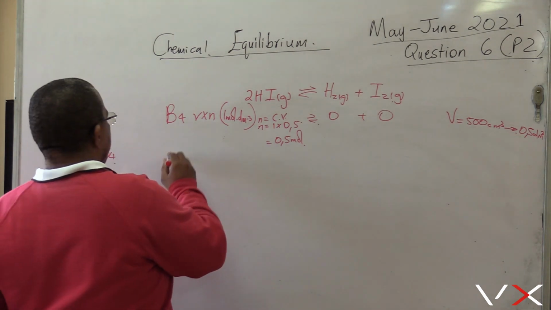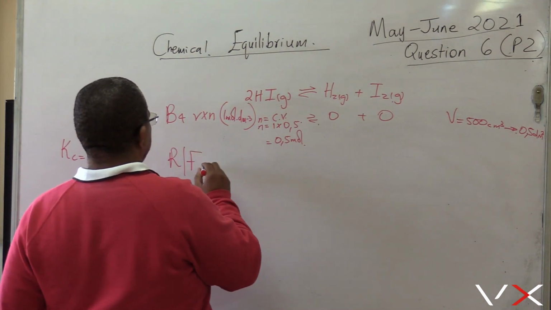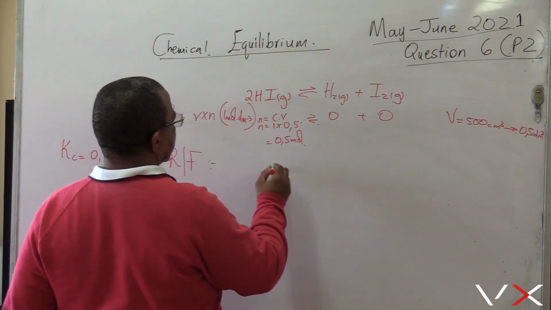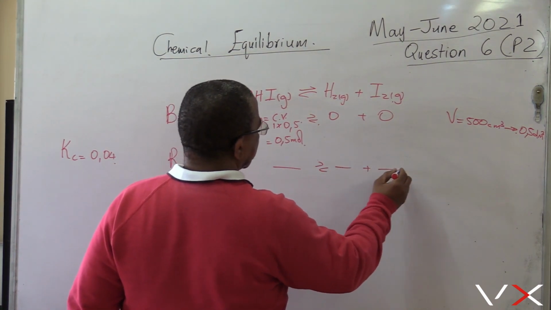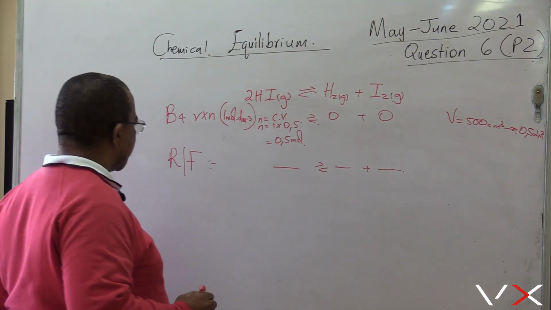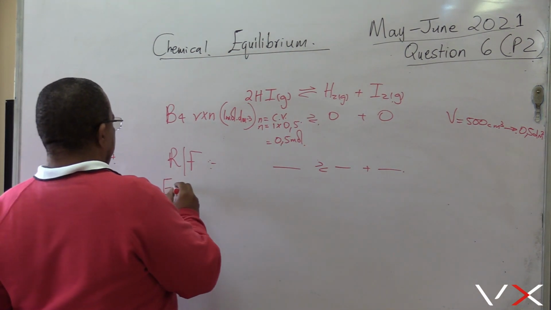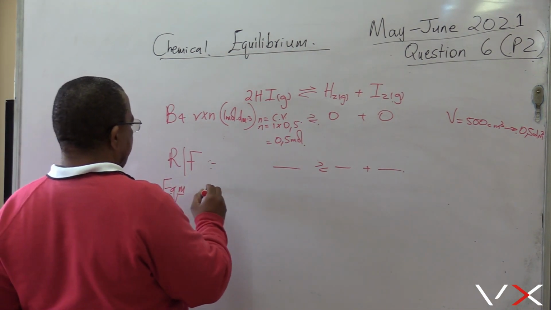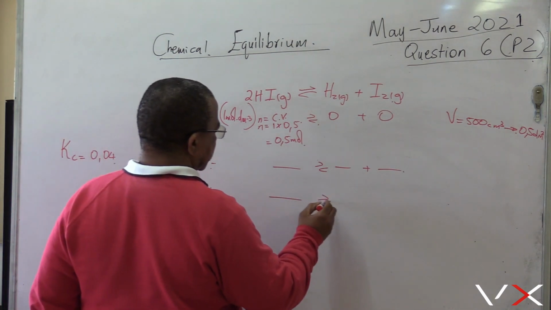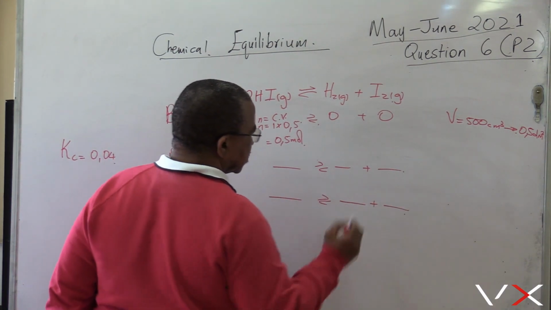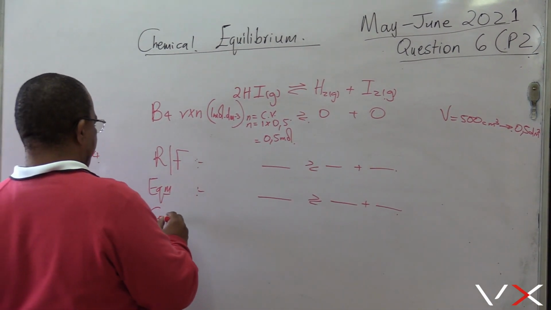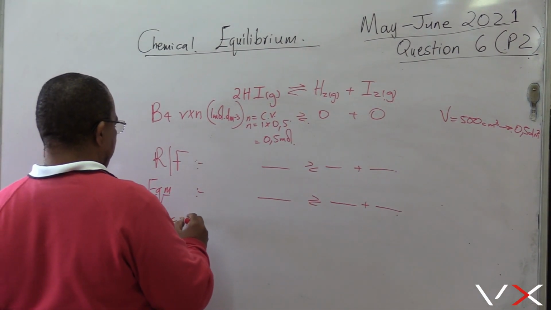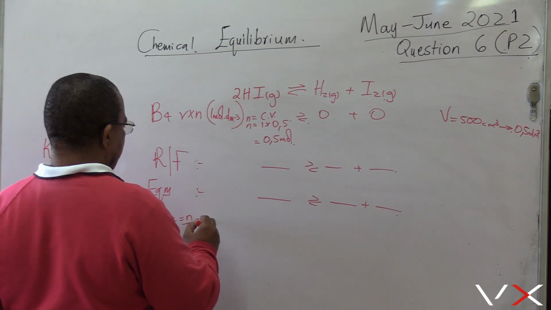What reacted and formed, we don't know. At equilibrium, we don't know. Concentration is number of moles over volume.